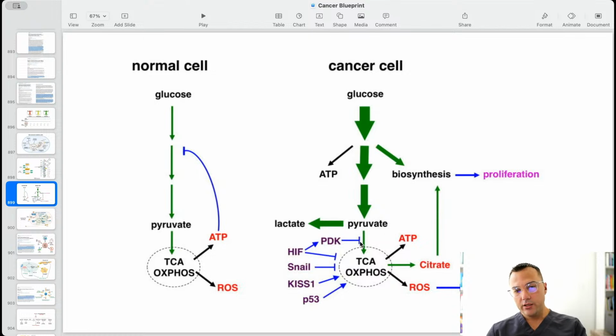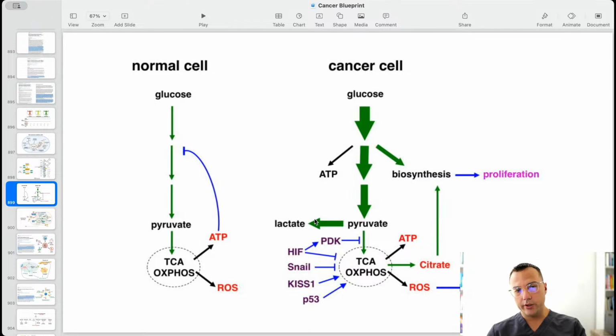But because of a couple of things that are turned on within cancer biology, things like hypoxia-inducible factors and pyruvate dehydrogenase kinase, which effectively block pyruvate from getting into the TCA cycle, because PDK will block pyruvate dehydrogenase complex. What happens is that by sheer necessity, this road is blocked.